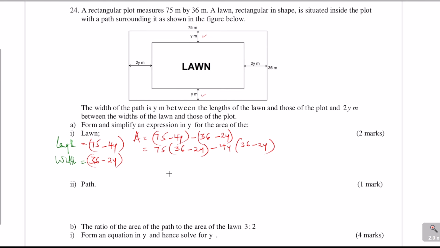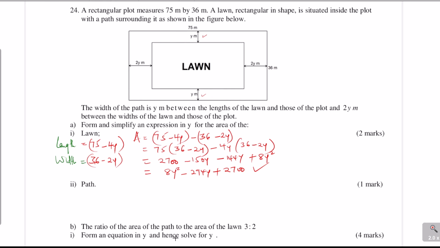So this will give 2700 minus 150y minus 144y, then plus 8y squared. So when you simplify these, you'll get 8y squared, then subtract 294y plus 2700. That is a simplified expression.